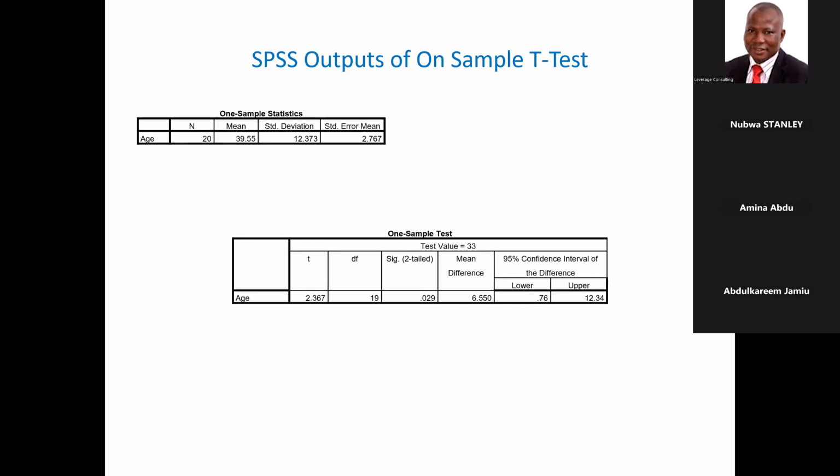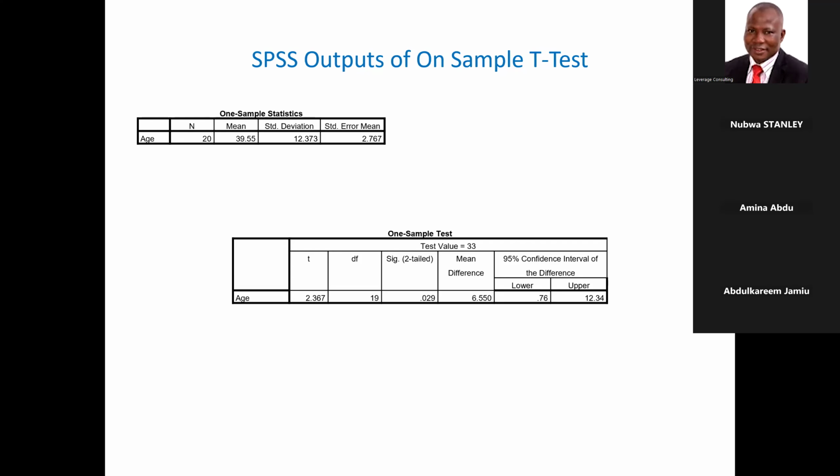But in the population, you are 95% confident that the value will be anything between 0.76 and 12.34. Does it make sense now? So don't let that confuse you, because if I give you this question to solve, we are not going to solve the confidence interval there. You only calculate your T and look at the statistical table.